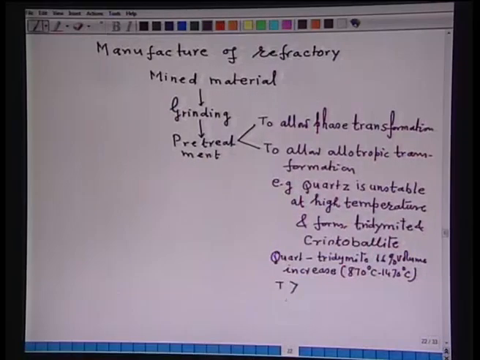When temperature T is, for example, greater than 1470 degrees Celsius, then tridymite again transforms to cristobalite, and that results in the contraction of volume.